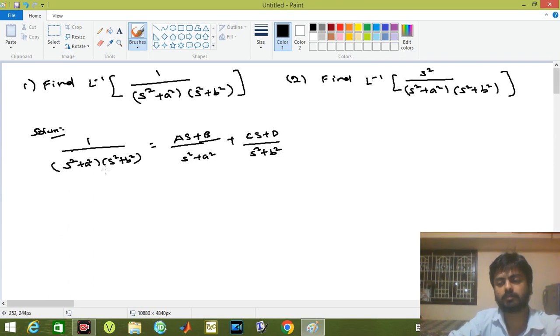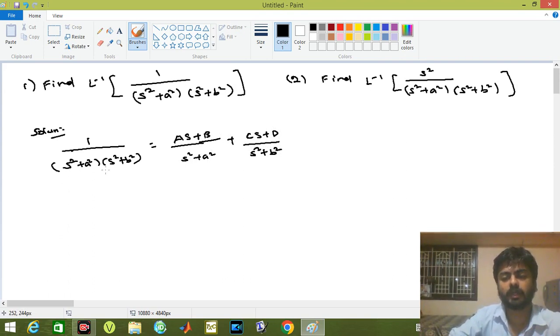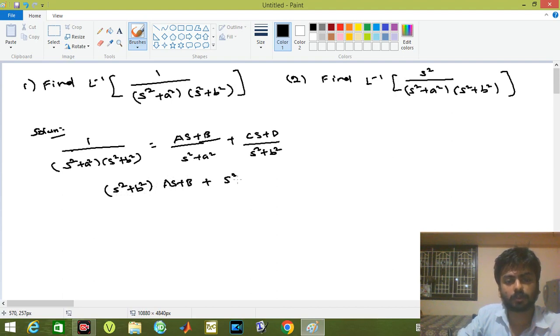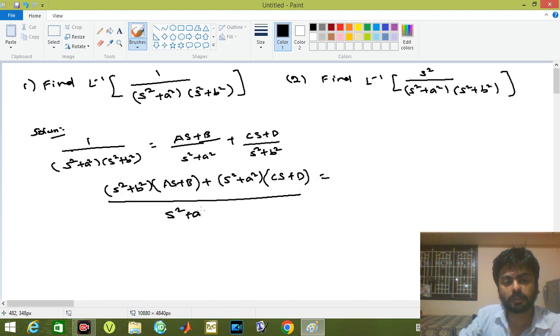Then we have to find the cross multiplication value, that is, we are going to take the LCM. So (s square plus b square) into (as plus b) plus (s square plus a square) into (cs plus d) is equal to, see here we are having (s square plus a square) into (s square plus b square).